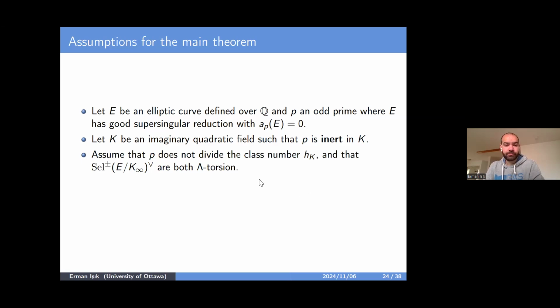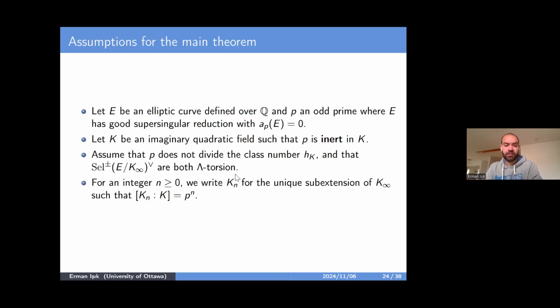Also, we assume p doesn't divide the class number and so on, but we assume that the plus-minus Selmer groups that we are going to define in our case are both cotorsion. We are working under this assumption, which I will mention later on. We denote the nth layer by K_n.